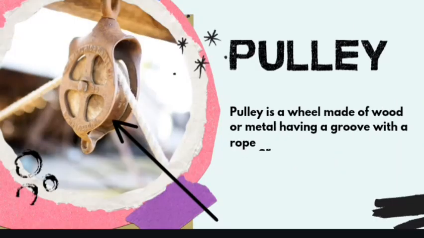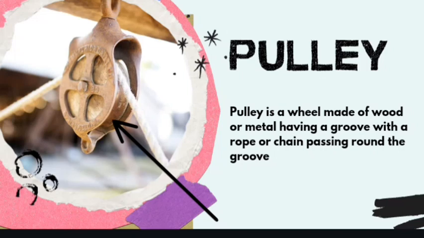What is a pulley? A pulley is a wheel made of wood or metal, having a groove with a rope or chain passing through the groove. So, a pulley is a wheel made of wood or metal, and it will always have a groove so that a chain can pass through it.